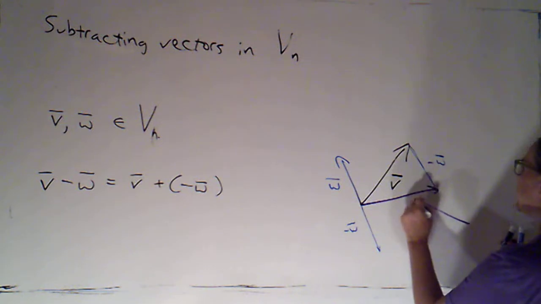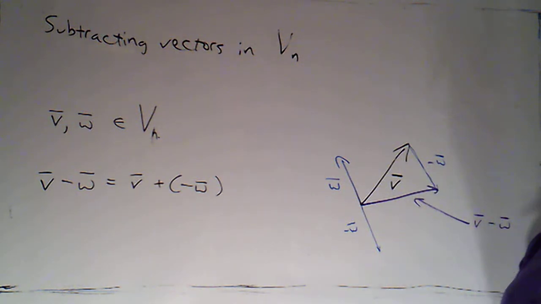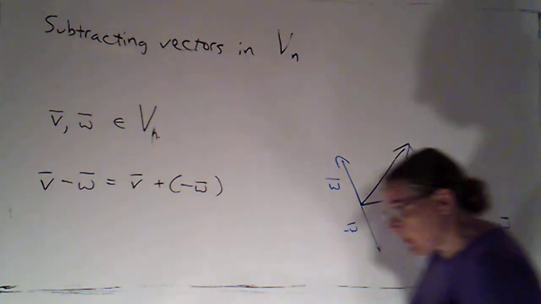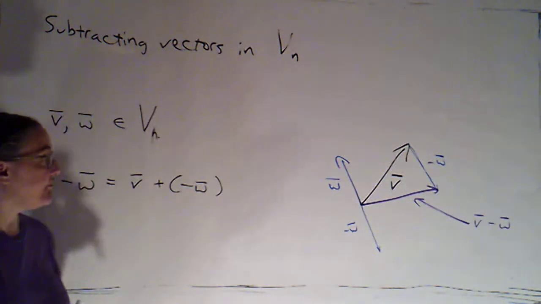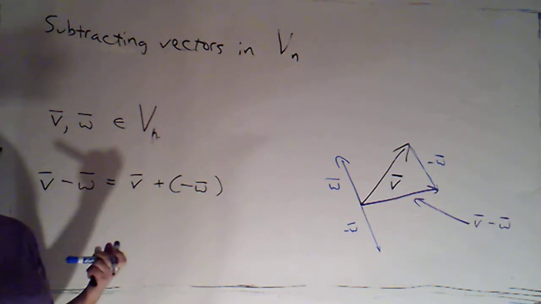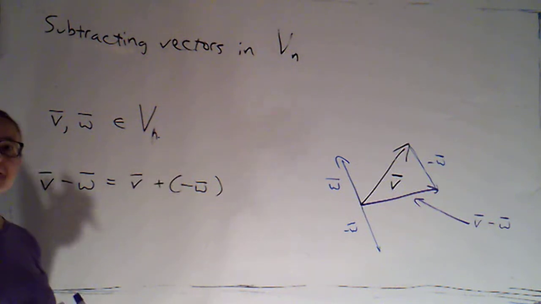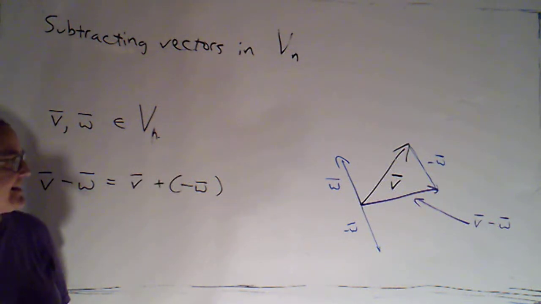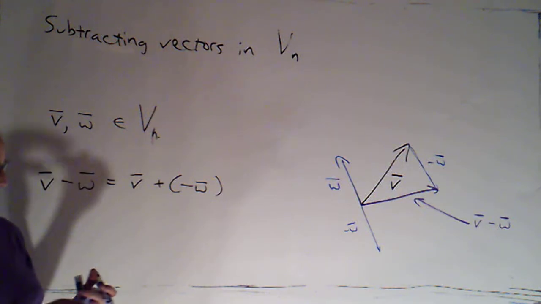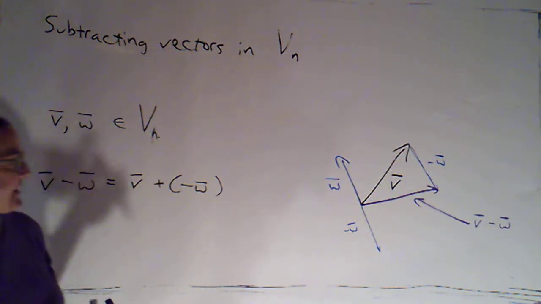This vector right here is my V minus W. Now, anytime I want to illustrate V minus W, I can do it by simply doing this. Find -W, translate it so that its tail is at the tip of V, and add V and the opposite of W. Okay. But there is a nifty shortcut, okay?